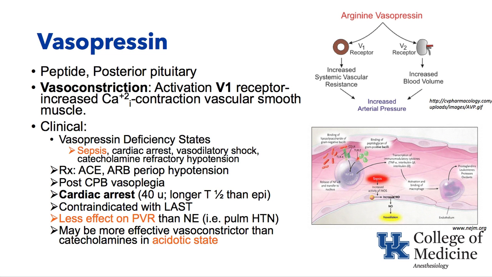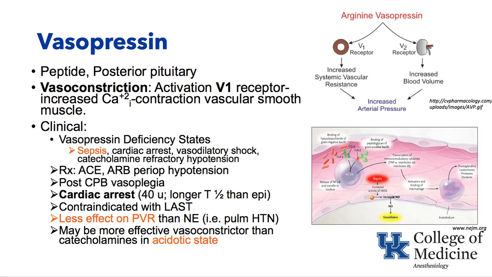ACE inhibitors and ARBs, when administered in the perioperative period before surgery, occasionally can result in severe hypotension during anesthesia, related to angiotensin converting enzyme inhibitors and angiotensin receptor blocker agents. The hypotension can be treated with vasopressin. Sometimes it's resistant to catecholamines.